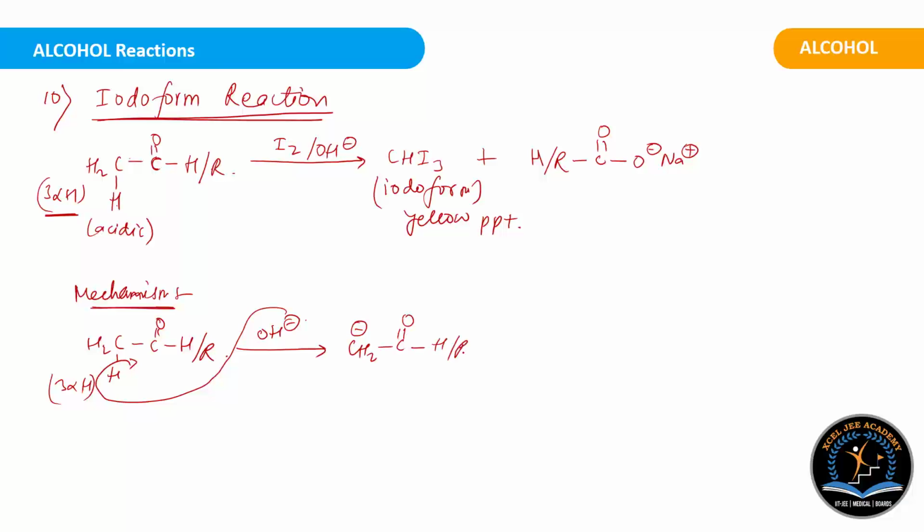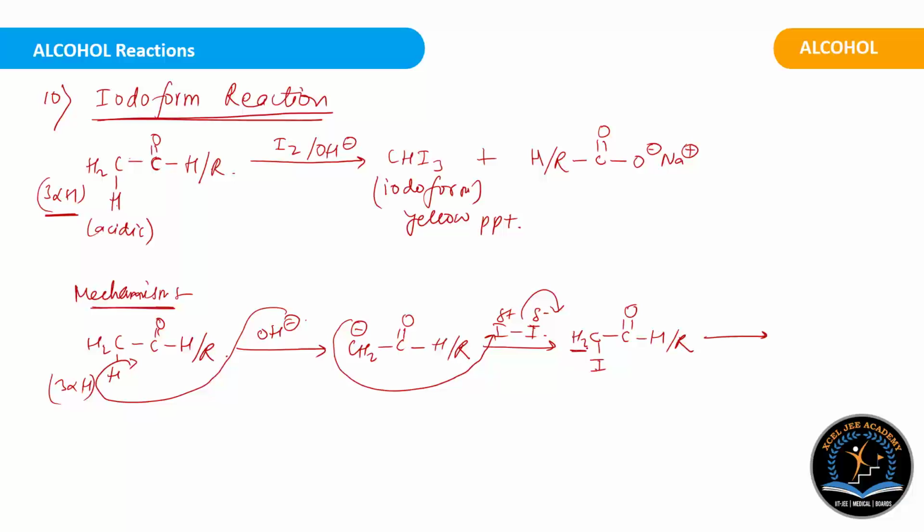Now there is iodine also present in the system, I2. This is delta plus, delta minus. This minus charge will attack the iodine, I plus will be taken and I minus will be removed. So it will be CH2 with iodine, then C double bond O, hydrogen or the R group. Now if we continue this reaction, there are two more alpha hydrogens present.